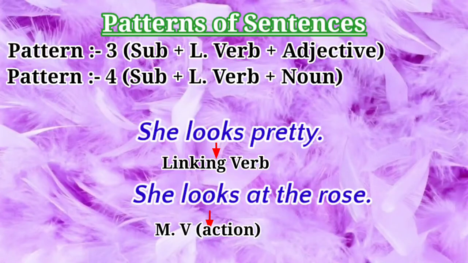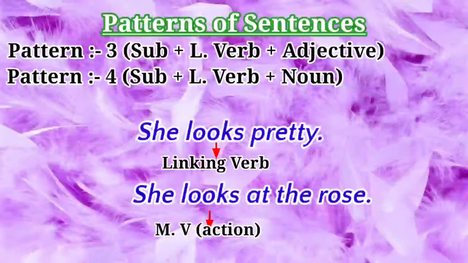Here the action of looking at the rose is done by someone. So, the first look refers to linking verb, but the second look refers to a main verb. Clear, children?